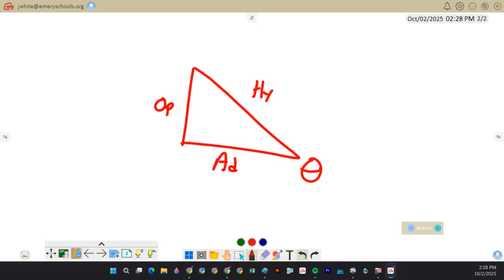What else could we pick? A and H, H and A, O and A, and A and O. So there are 6 different ways to choose 2 sides, and we need to keep all these separate. We need to know the difference between O and A and A and O.